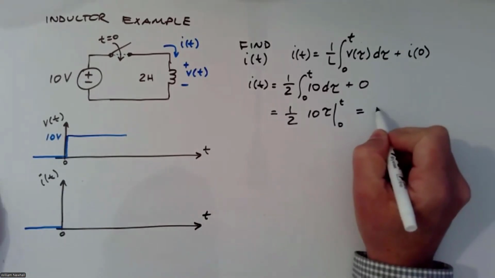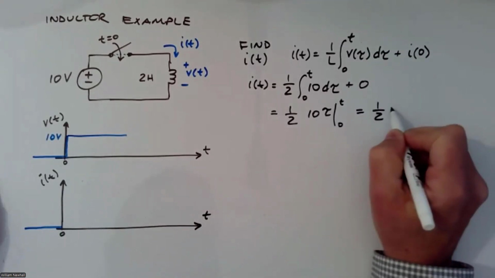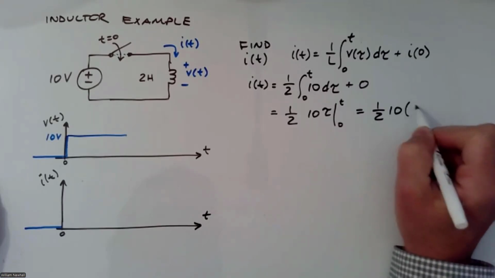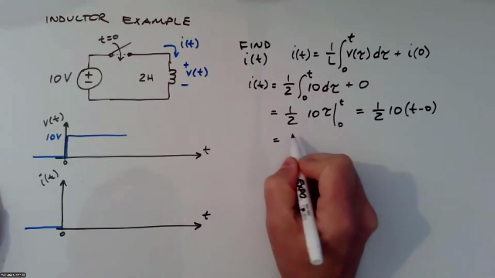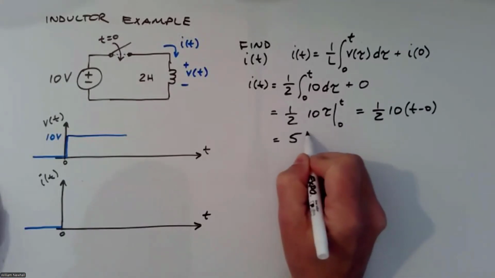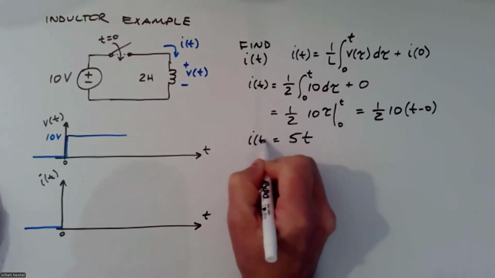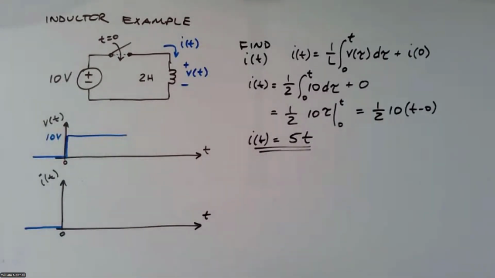So I get 1/2 times 10 t minus 0 equals 5t. Okay, so that's the math result, the calculus result here.